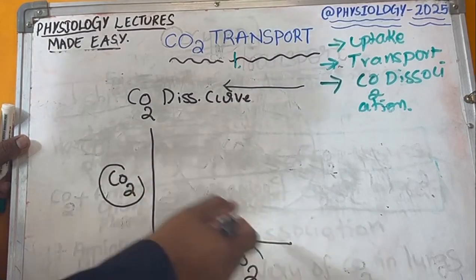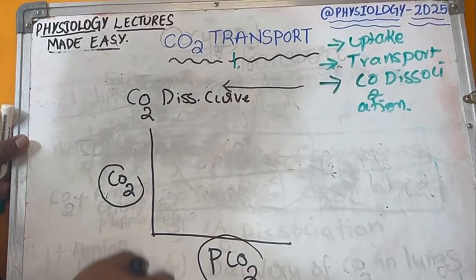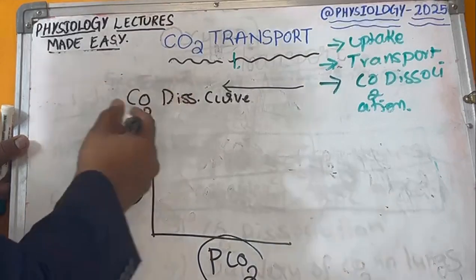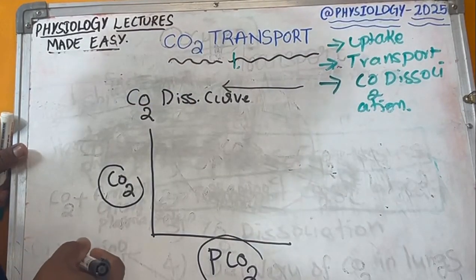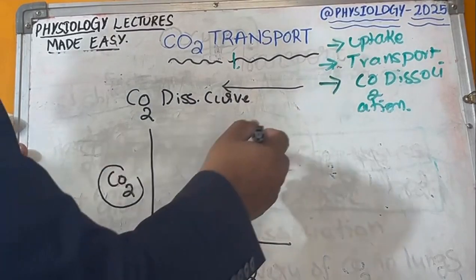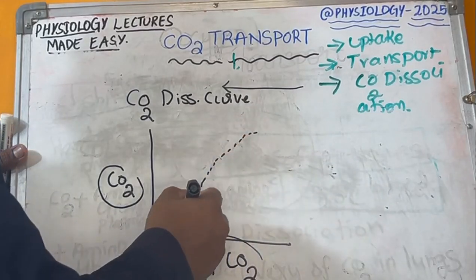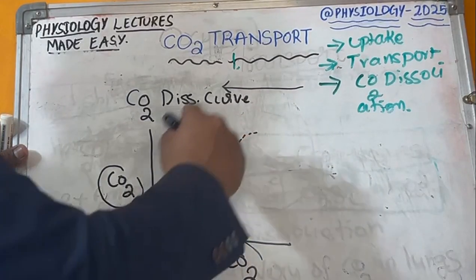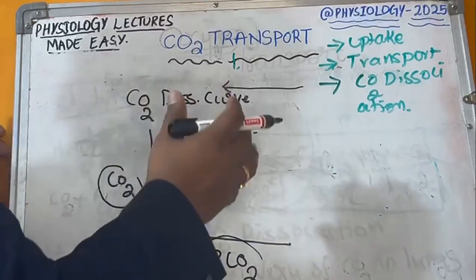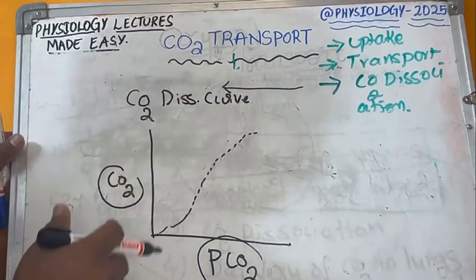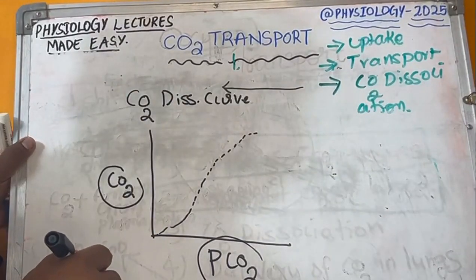This relation between these two is known as the carbon dioxide dissociation curve. Normally, as we have seen in the case of oxygen transport, the curve is sigmoid shape. In detail I will explain in the case of oxygen transport.